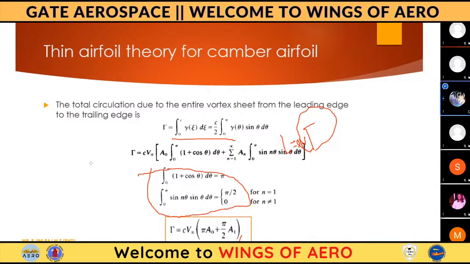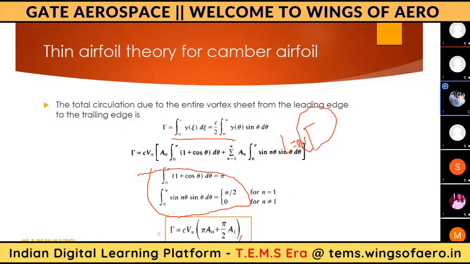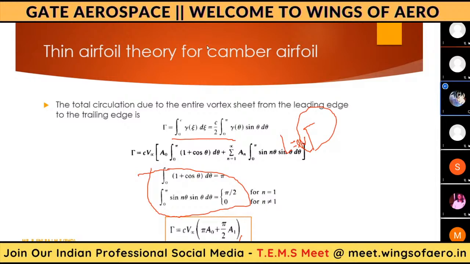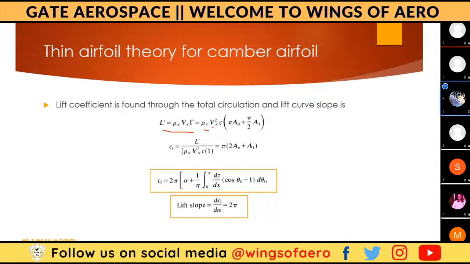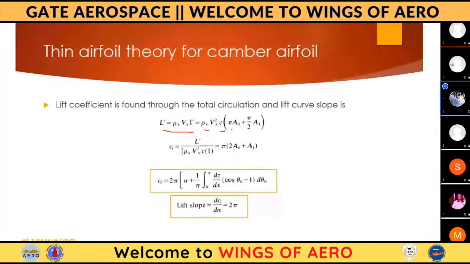So after finding the circulation, from the Kutta-Joukowski theorem we can calculate the lift: L equal to rho infinity v infinity gamma. After substituting the gamma value here, we will get rho infinity v infinity square c (pi A0 plus pi by 2 A1).